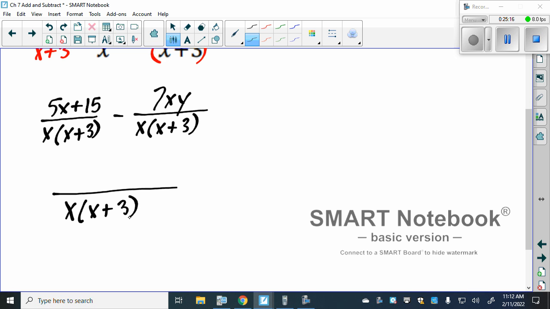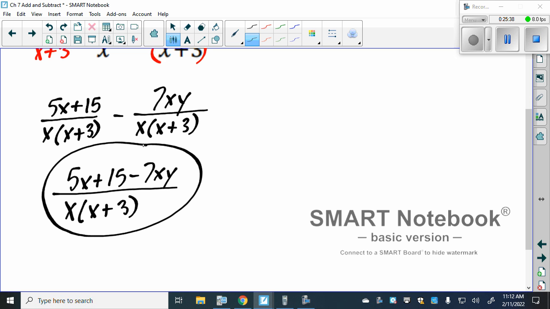So I don't feel too uncomfortable saying 5x plus 15 minus 7xy. So we can combine those pretty easily. We don't have 3 or 4 terms where we have a lot of sign changes. So it's not too bad to just stick it like that. That there is actually our answer.